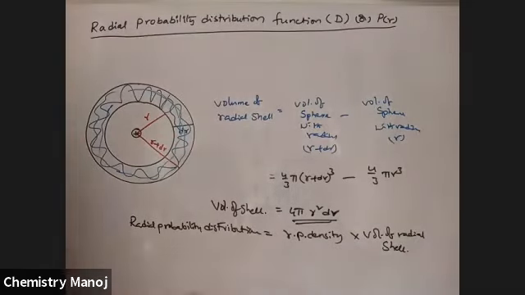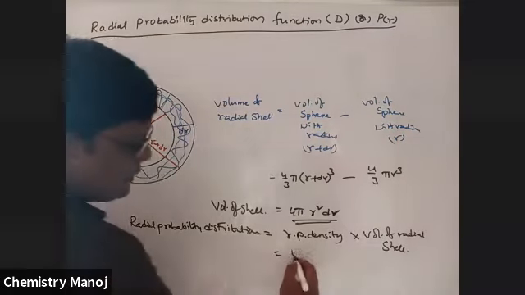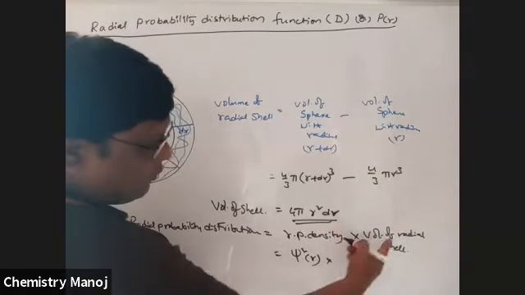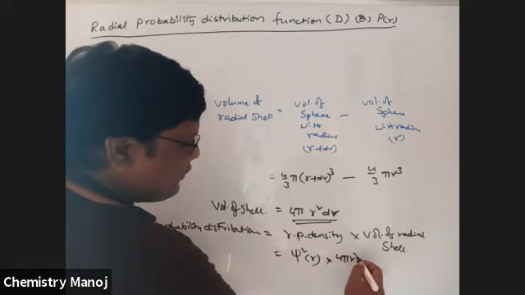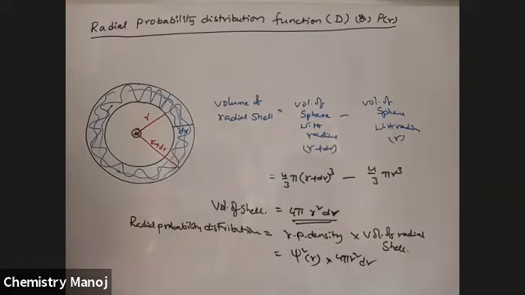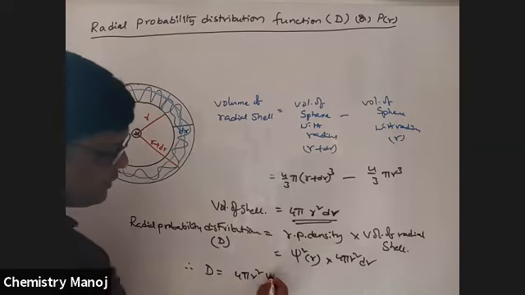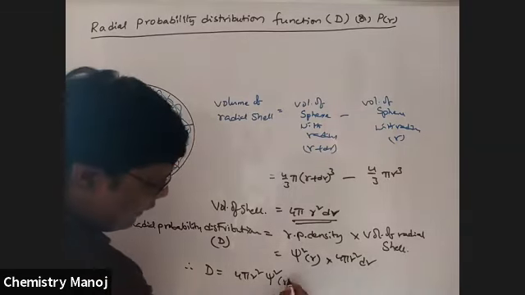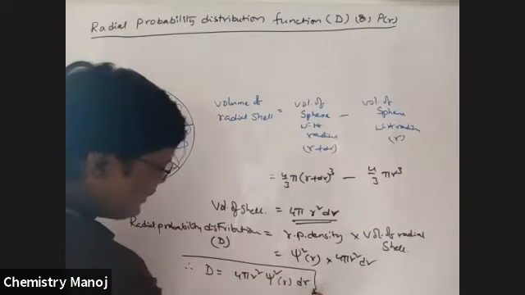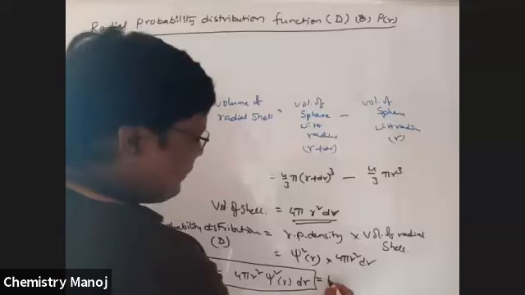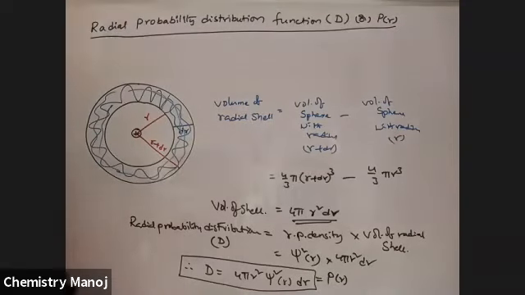Radial probability density is nothing but psi square r, into the volume of the shell, that is 4 pi r square dr. This is taken as the D function. Therefore, D is equal to 4 pi r square psi square r dr. This function is called the radial probability distribution function, which is also taken as P(r).